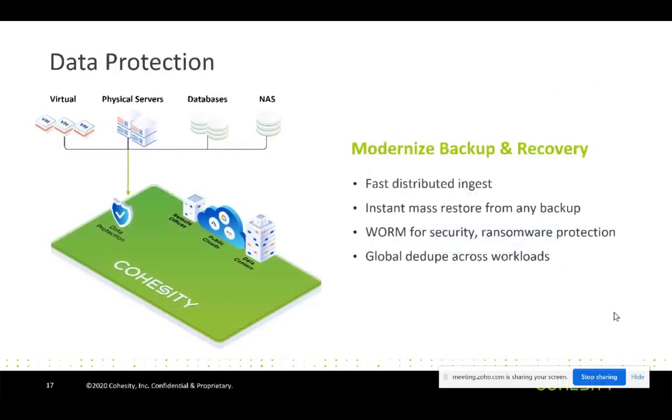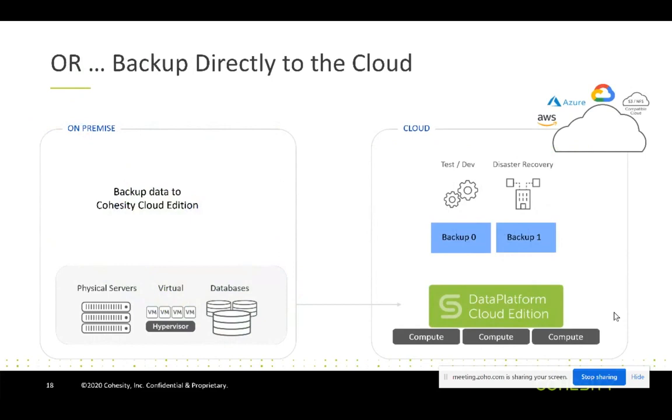So this is for the on-prem, but you also have the option to send that backup directly to the cloud. For example, you have the primary data center and you don't have a DR and you are looking for a DR solution.